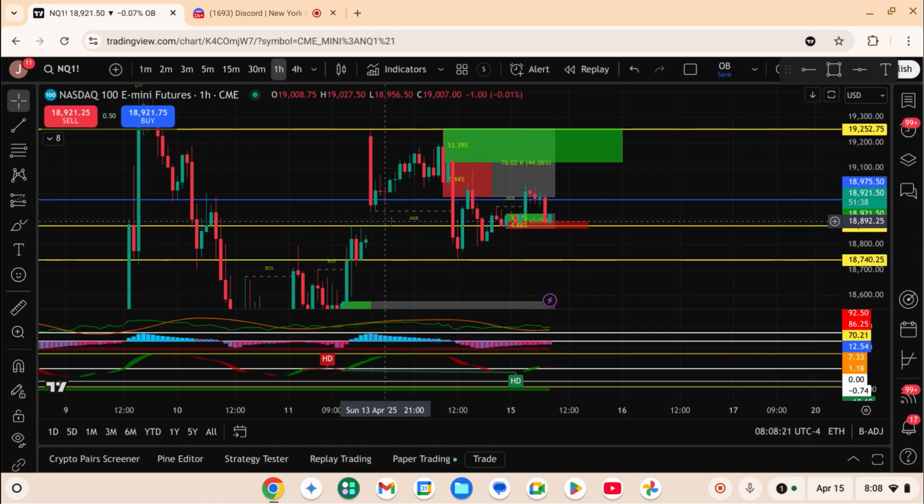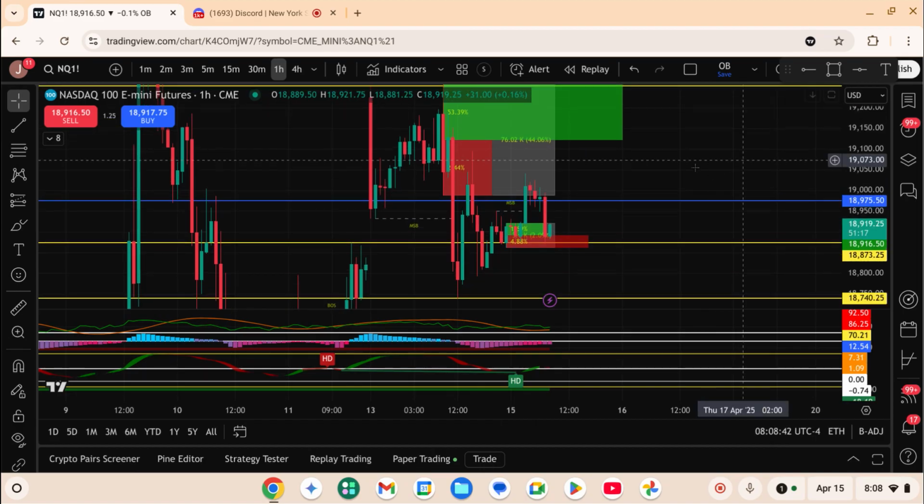This yellow line right here is yesterday's high. And then this is the previous day high. So with a bullish order block overlapping the previous day or yesterday's high, that's a good bullish setup.